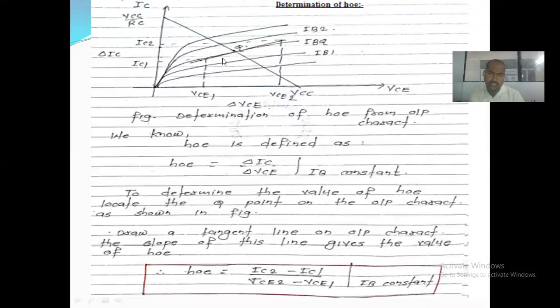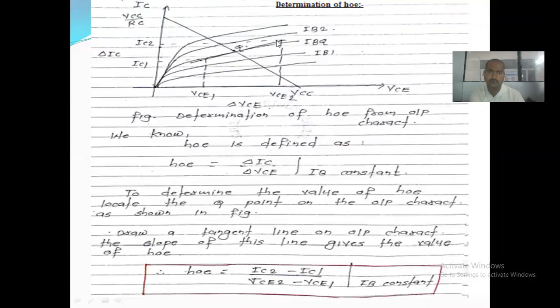So the tangent on this line indicates the value of HOE. In this case we use two things. We know that HOE is the ratio of the change in output current to the change in output voltage, so it is delta IC divided by delta VC. The delta IC value is this IC2 point connected to the Q point.